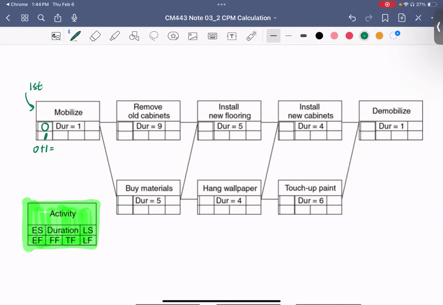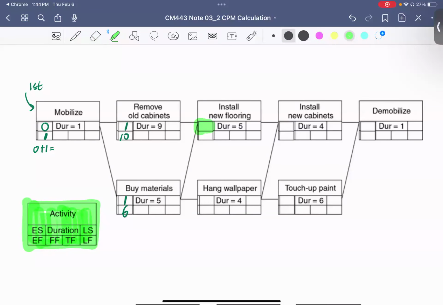I'll ask each of you to give me the number and explain why. Carrie, can you tell me the early finish time here for the new floor? Can you repeat the question?